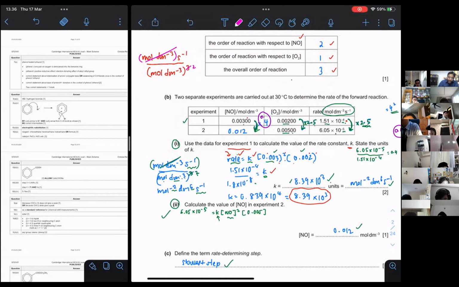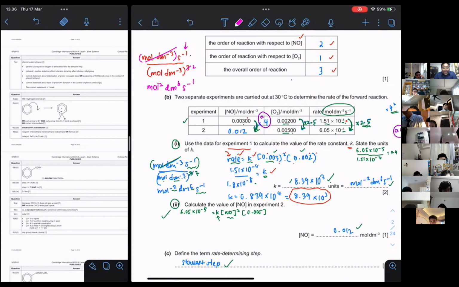Students will always miss out this per second. So when I bring this equation up, it will become mole to the power of negative 2, and then dm negative 6 will become dm to the power of 6. Students will miss out this part. Why is it to the power of 3?